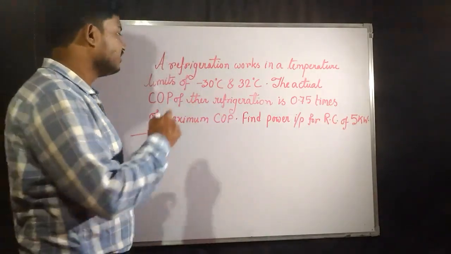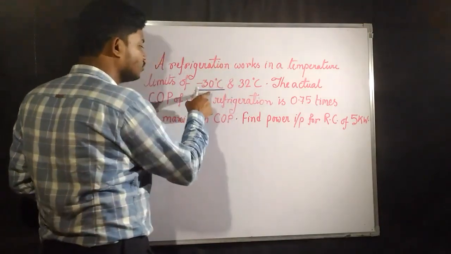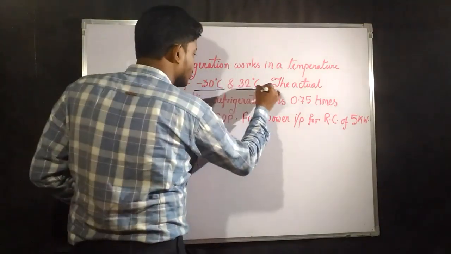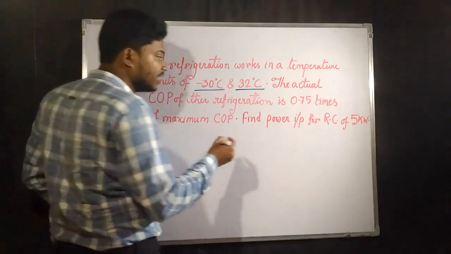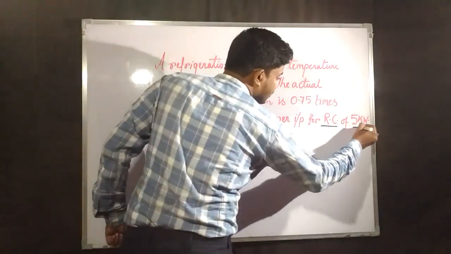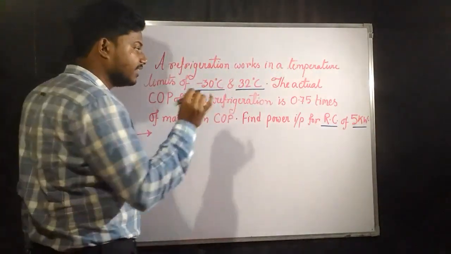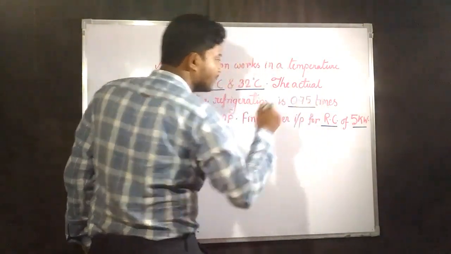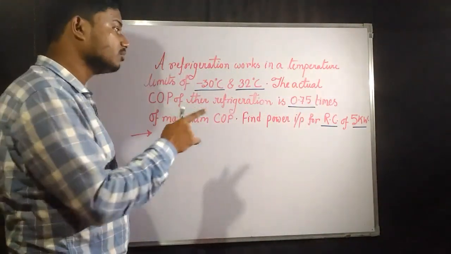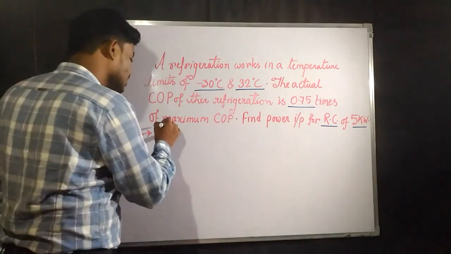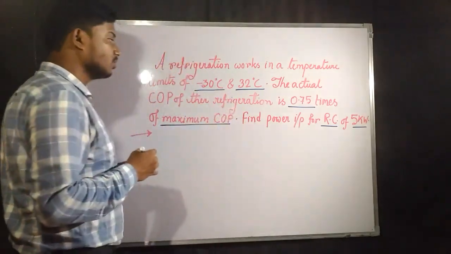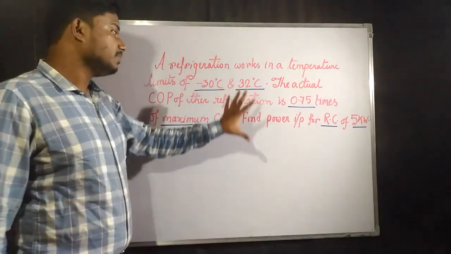So they have given us the temperature limits, the lower and the higher, and the refrigeration capacity of 5 kilowatt. It is also mentioned that the actual COP is 0.7 times the maximum COP. So this is the complete question.